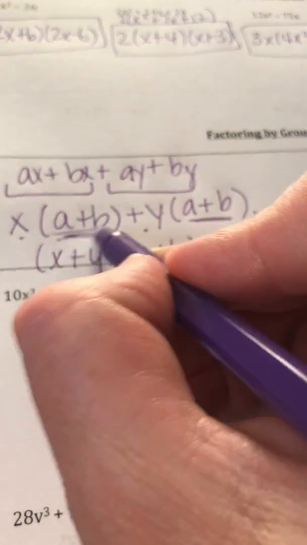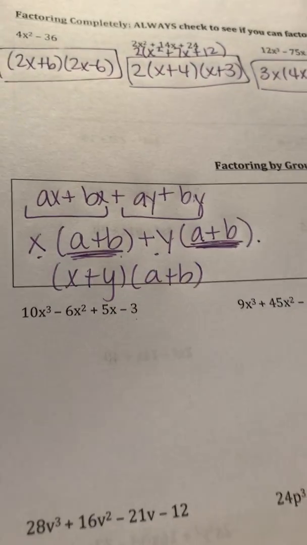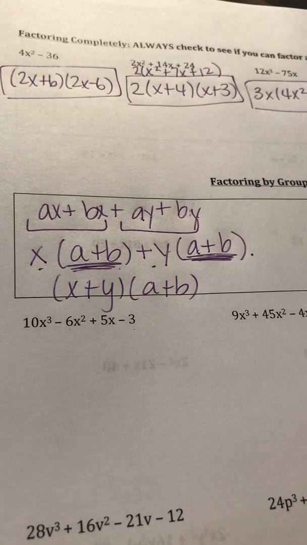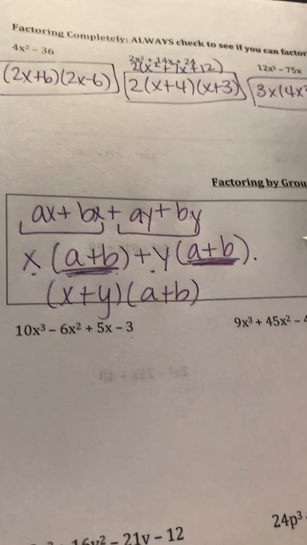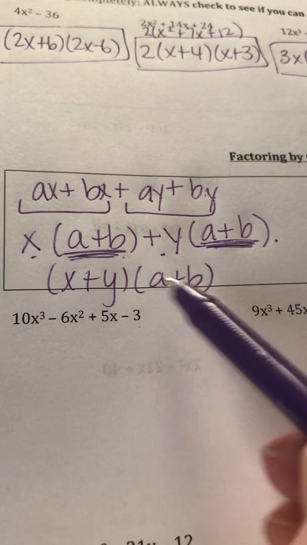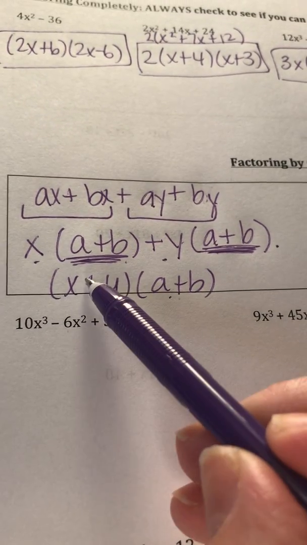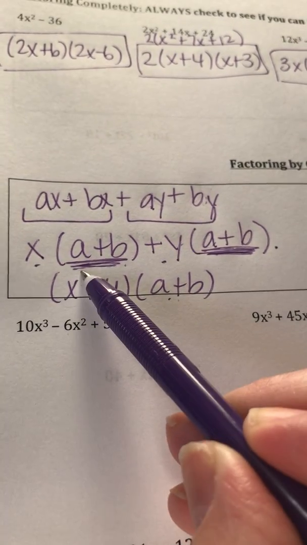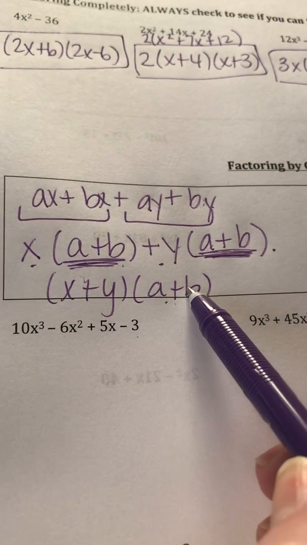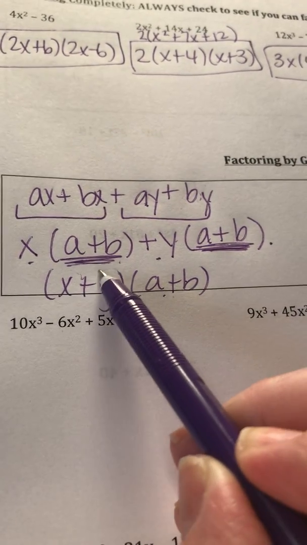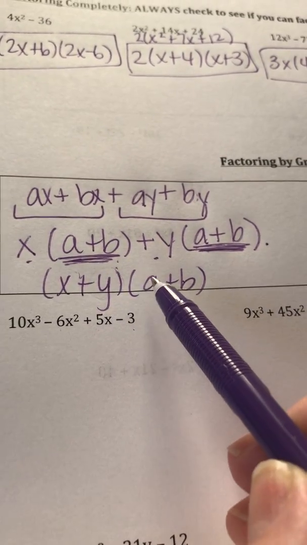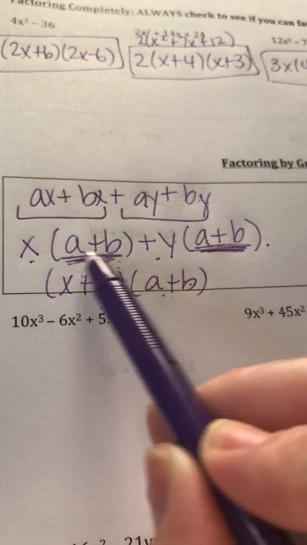When we use grouping, what you have inside of these parentheses should always match. Because let's think about this. If we have these 2 binomials, essentially what you're doing is you're taking X and multiplying it by A plus B. Then you're taking Y and multiplying it by A plus B. That's what we see right here.